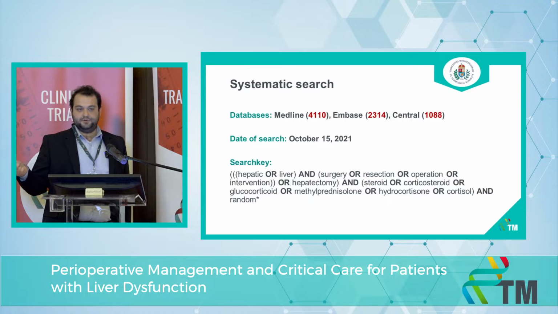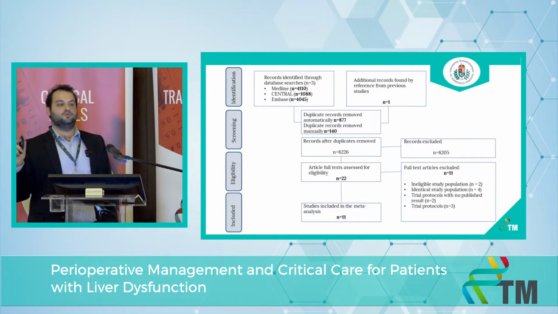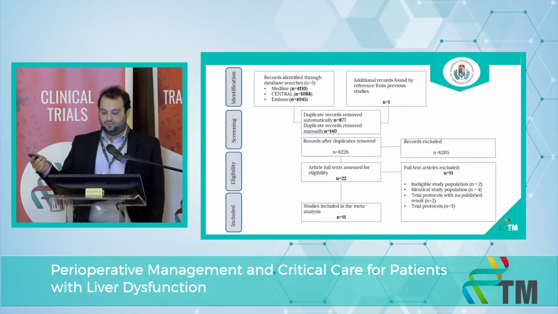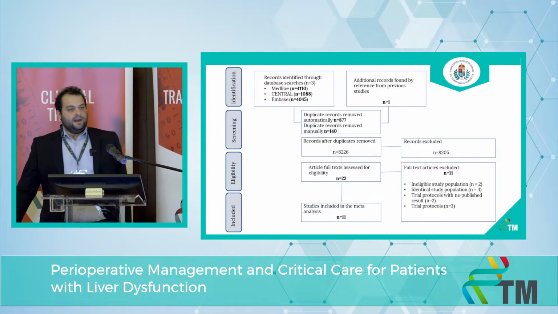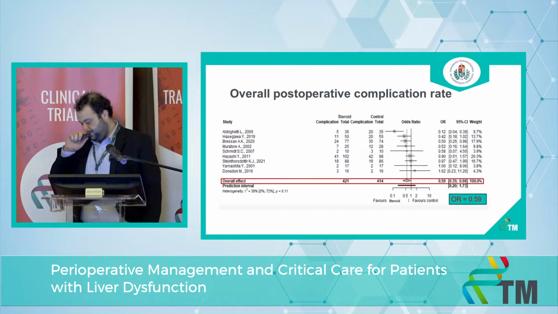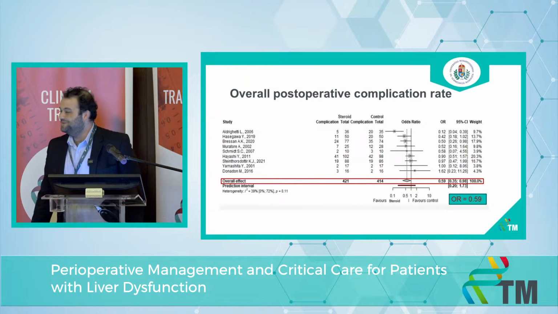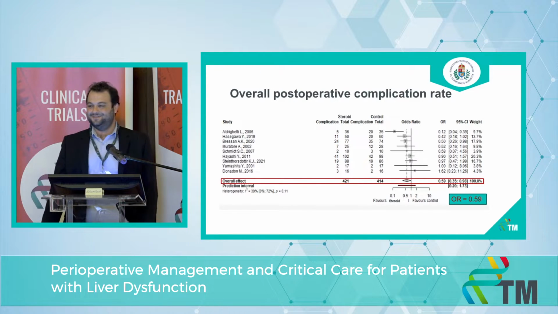Here's our PRISMA flowchart. We ended up with 11 randomized controlled trials, all randomized, all blinded. Now, briefly, I will show you my primary outcome, because we actually ended up with 37 distinct outcomes, but I don't think anyone wants me to go over 37 outcomes today.